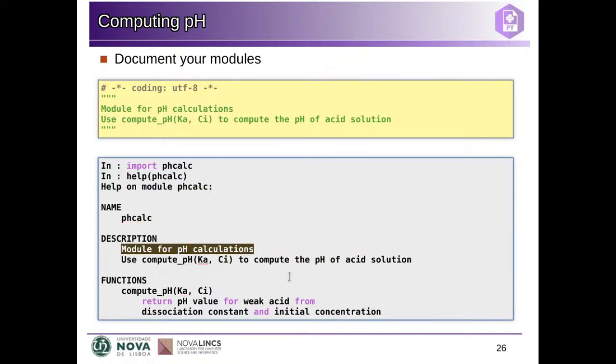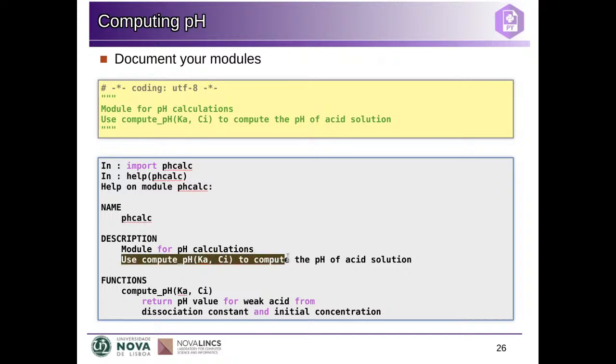It's a module for pH calculation, and then it has some indications on how to use the module. So this is useful if you are writing code that you want to use later on in case you forget how to use it, or if you want to give it to other users. It's easy to import a module, type help, and see what documentation is available.